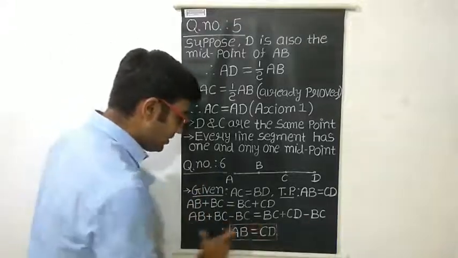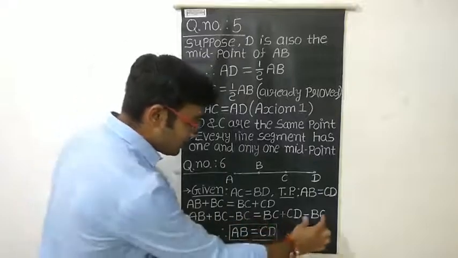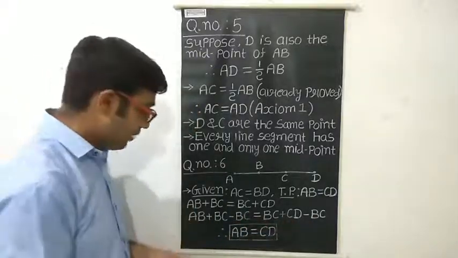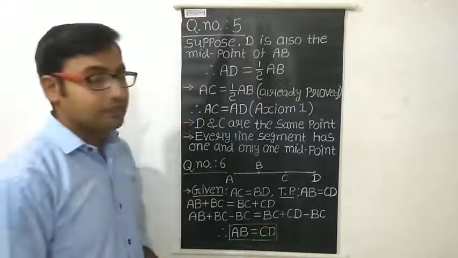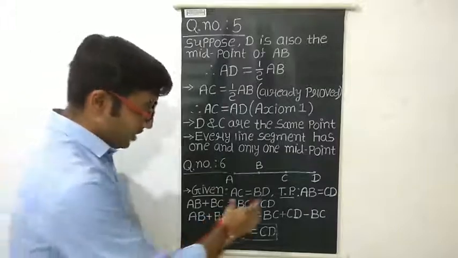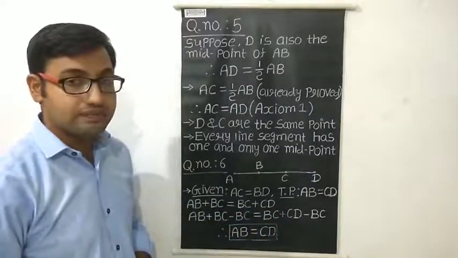So by subtracting this, this BC and this BC become 0. What will remain? Left hand side remains AB, right hand side remains CD, right? And that is what we have to prove: AB is equal to CD.